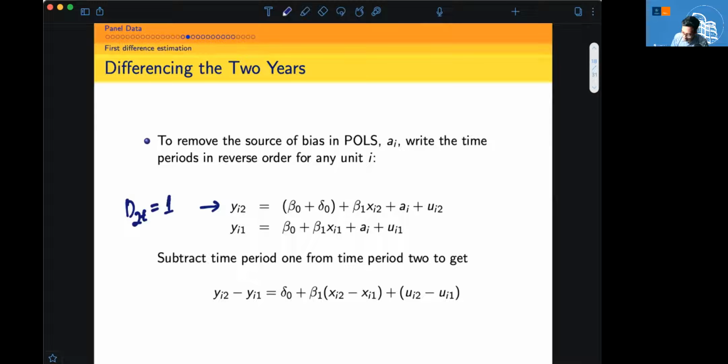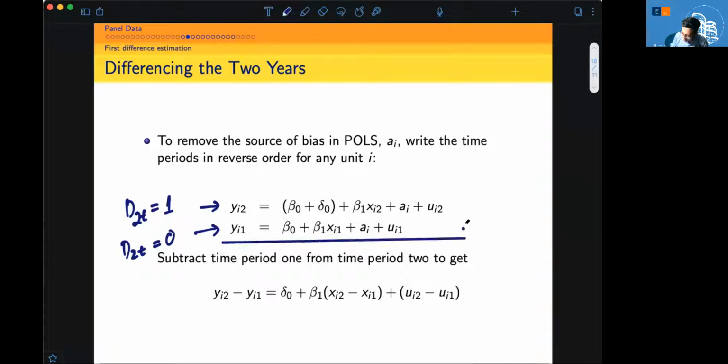And so if it's 1, then you have the delta 0, and then you have the explanatory variable in the second period, you have the unobserved heterogeneity, and then you have the shocks. Okay. And in the first period, as you can see, the time dummy is going to be equal to 0. So you're basically just left with the beta 0. Now, what we can do is take the first difference of this.